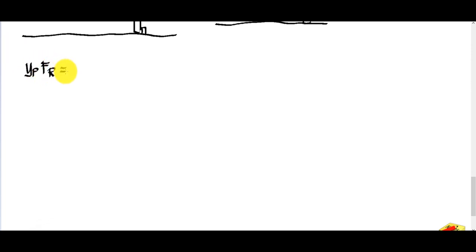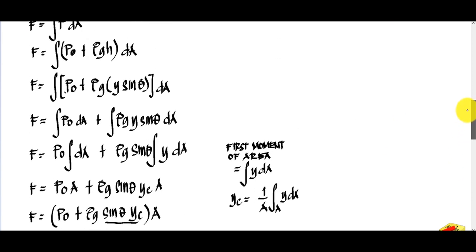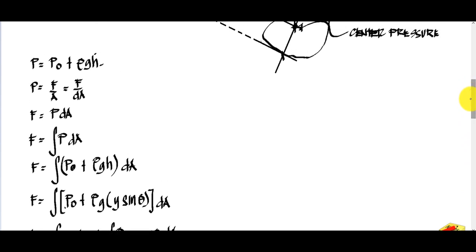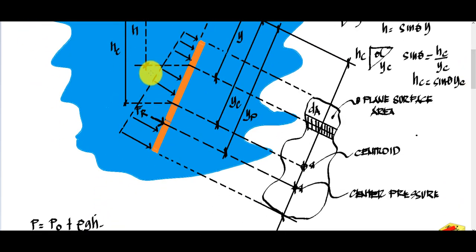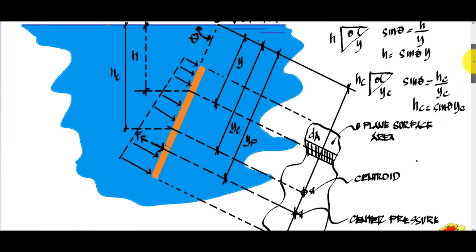So this is equal to the value of your y. We have the distance, and our pressure is acting on this area, so they are in parallel action. That will be the pressure times your differential area times the value of your y.